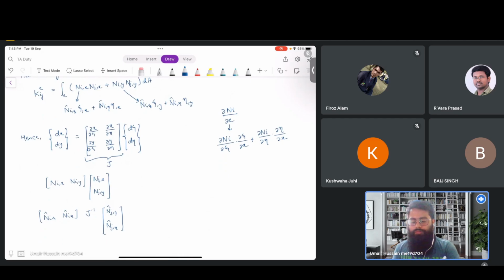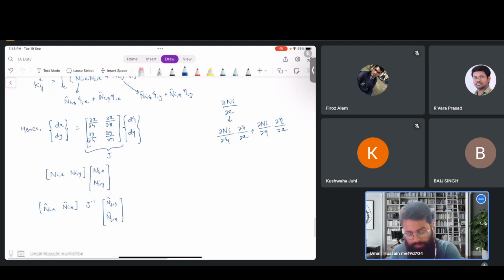Okay, so that's how we use the Jacobian. I think it will be more clear when we actually solve some problem based on this.